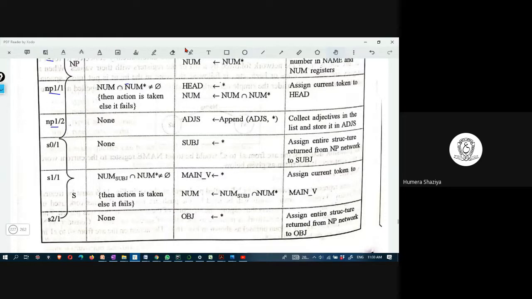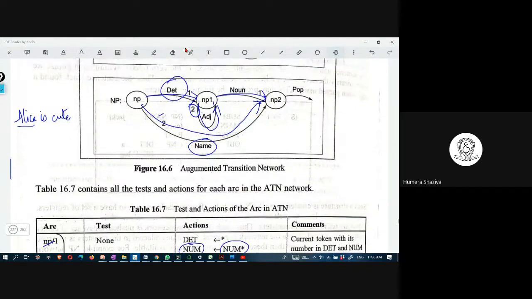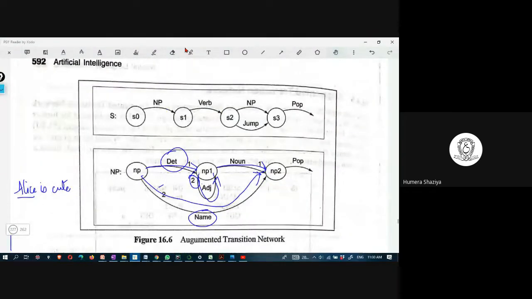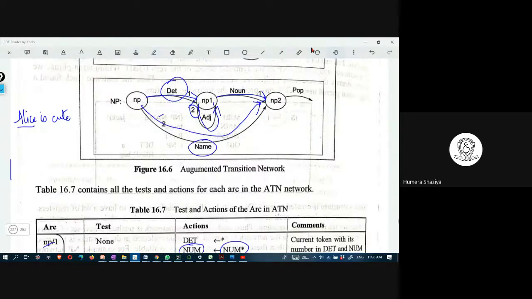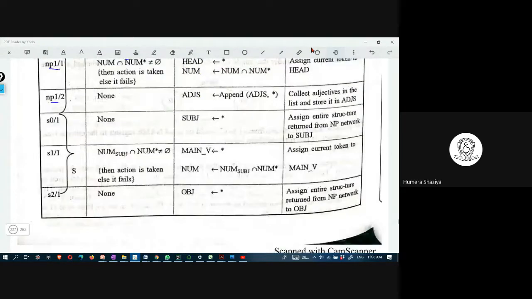S naught by 1. What is S naught by 1? This is S naught. There is no test. S naught by 1 is the subject. Assign entire structure returned from NP network to subject.